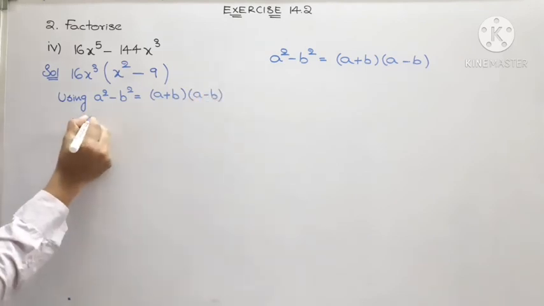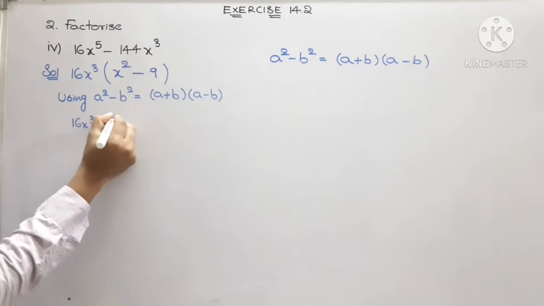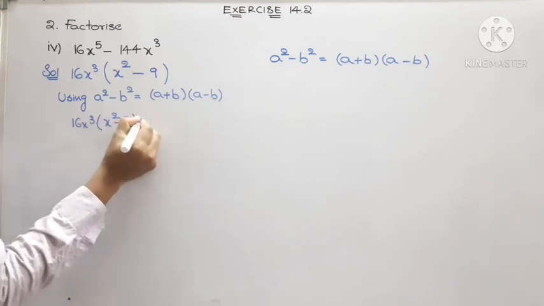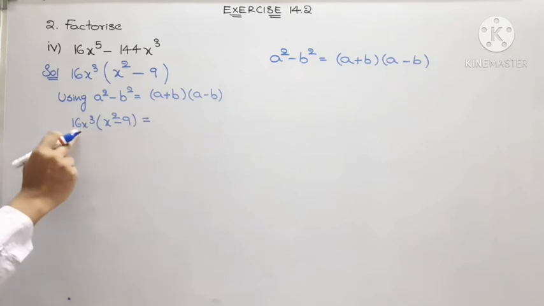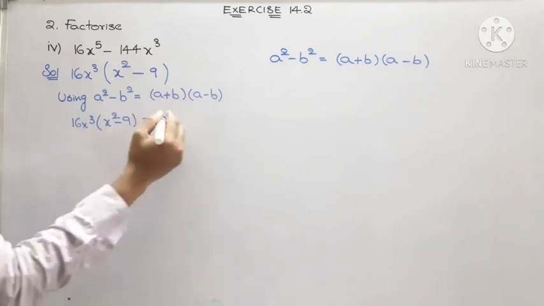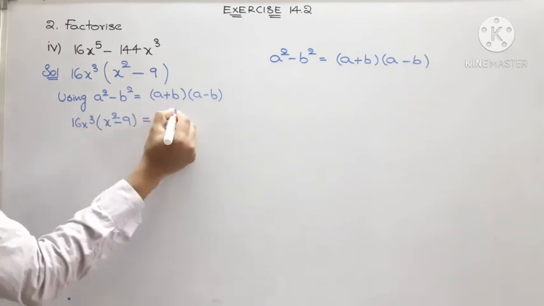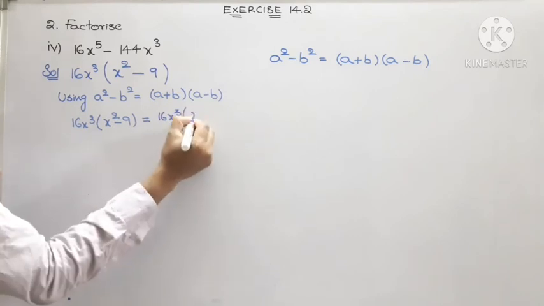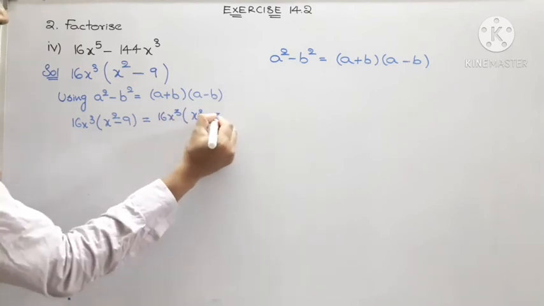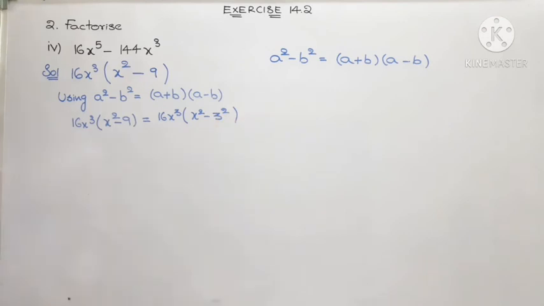16x cube multiplied by x square minus 9. We can't do anything with this 16x cube, so we keep it as 16x cube multiplied by x square minus 9, and 9 we can write as 3 square, isn't it?